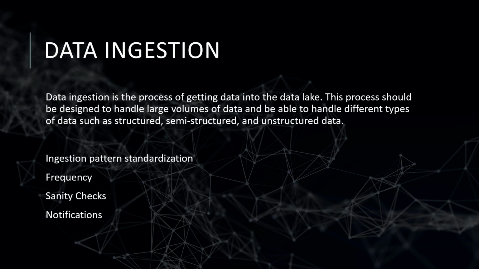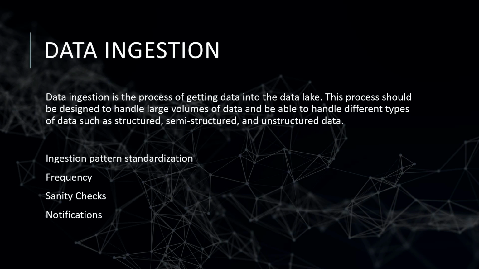So while doing ingestion, we think about the different ways in which we can ingest data: RDBMS, files, streams. And then we define a pattern: if it is an RDBMS, how do I ingest data? If it is some other data lake from which I am getting data into my data lake, I may not really copy the entire data. I can just create a reference to that table, which is in another data lake.